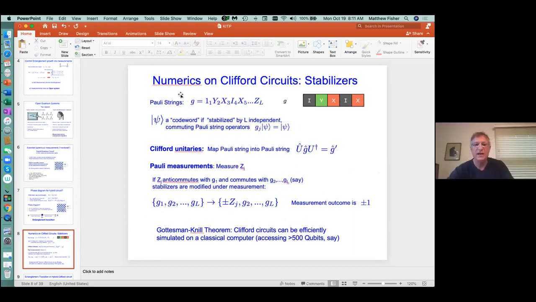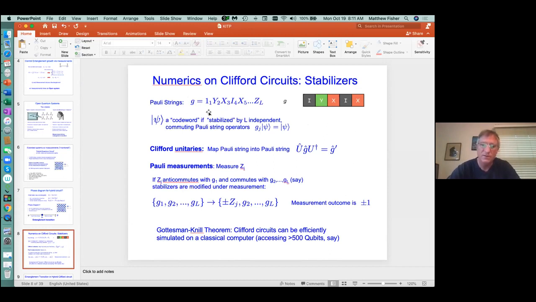In order to do that, it's very convenient to use a particular special type of circuit called a Clifford circuit, because due to the Gottesman-Knill theorem, Clifford circuits can be efficiently simulated on a classical computer, accessing over 500 qubits.